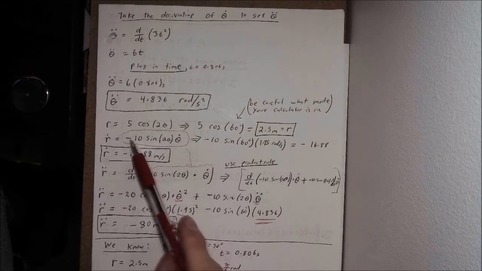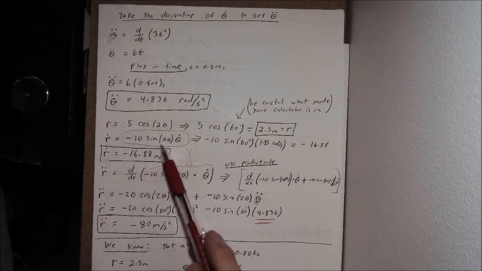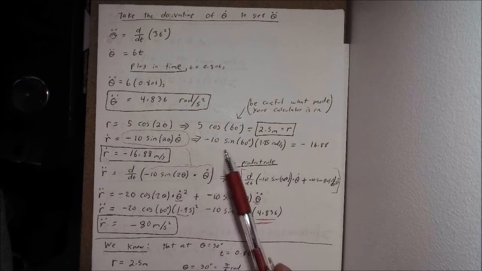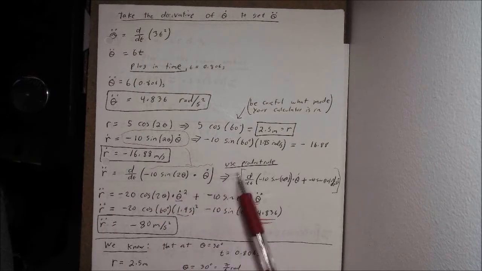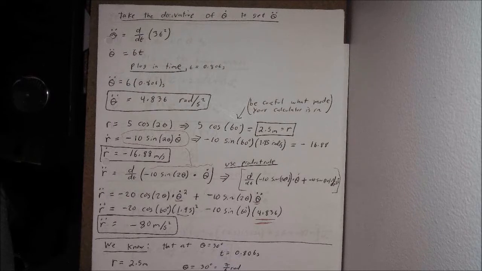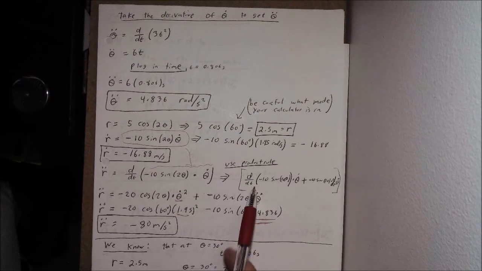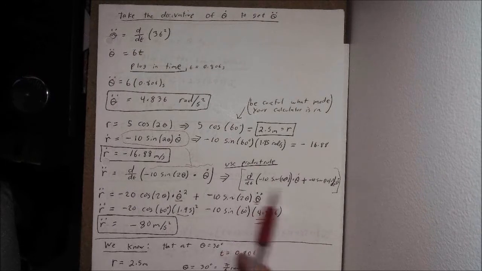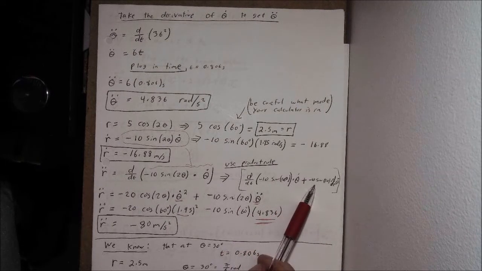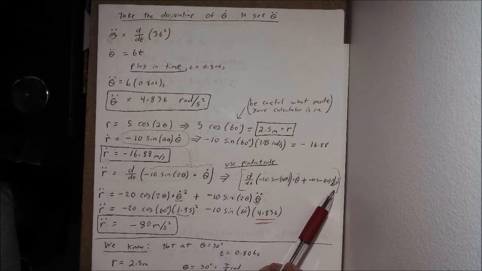So if I take the first time derivative of my negative 10 sine of 2 theta times theta dot, I go through here and take that derivative. To do that, recall our product rule: take the derivative of the first expression times the second expression, plus the first expression times the derivative of the second expression.